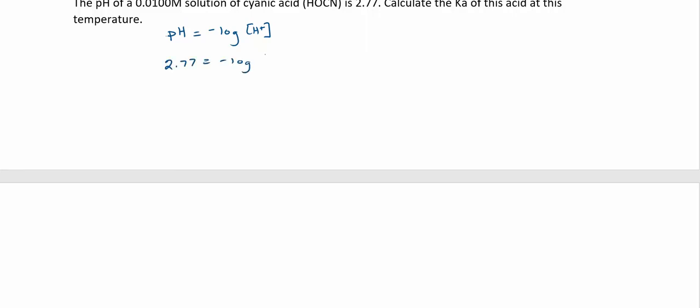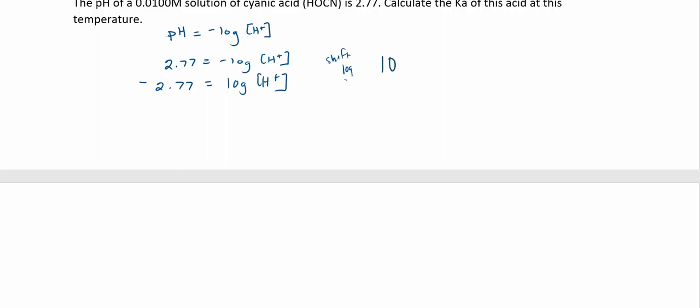I can back calculate for that concentration of hydrogen ion. And I do that by taking the anti-log of this value, negative 2.77. Now in my calculator, that is a shift and then the LOG button.